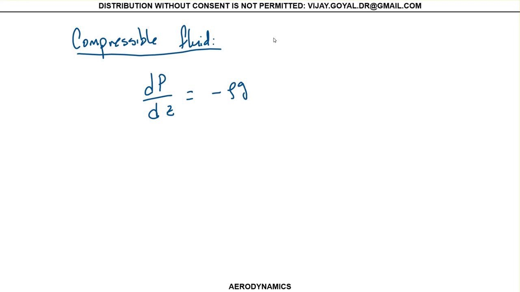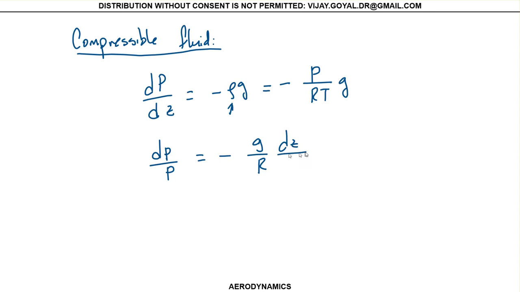The only difference now is note that I'm going to use the ideal gas approximation. So this becomes P over RT times g, and then dP over P equals minus g over R times dz over T. And you can see that it's going to give you a similar equation that we previously got, and this is nothing else than your standard atmospheric properties.